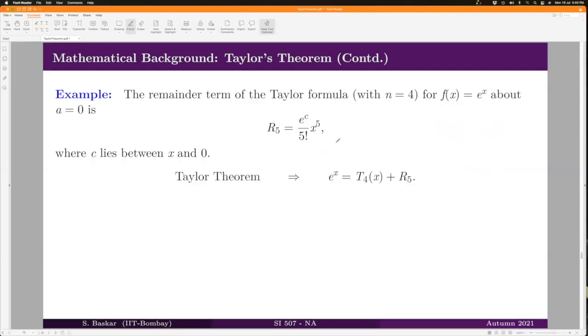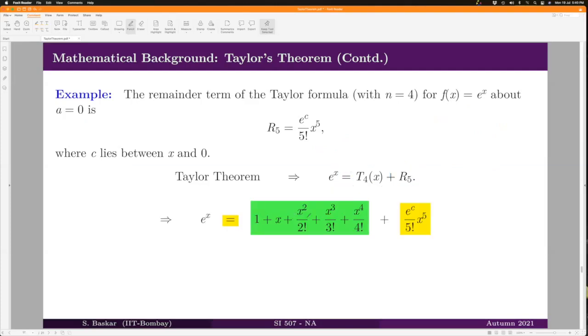So your function e power x can be approximately equal to the Taylor polynomial in a small neighborhood of 0, but if you add the remainder term also, then it becomes exactly equal.